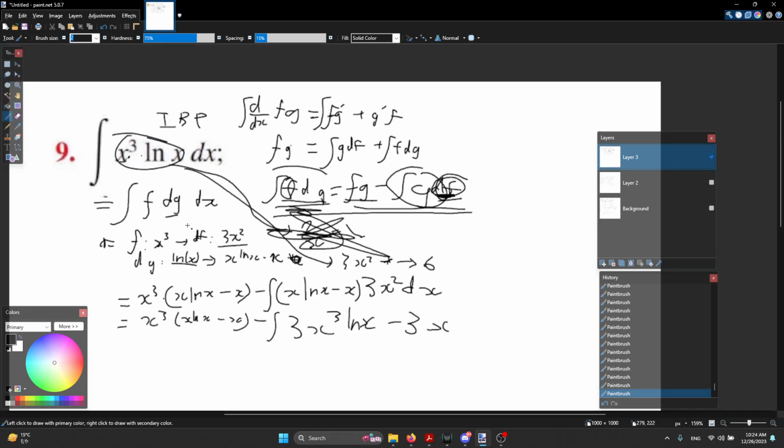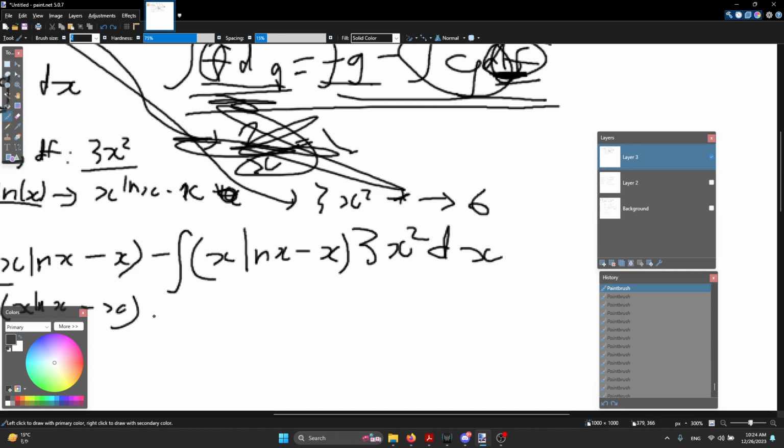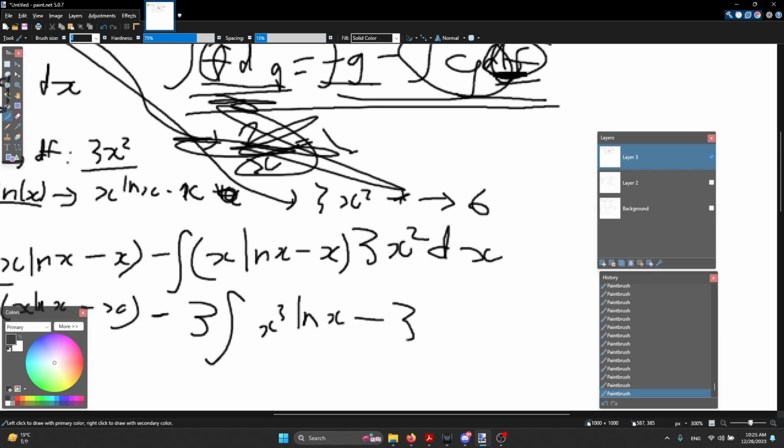Oh no, actually, we should put the constant out first, because why not? And then this is x cubed natural log of x minus 3x cubed dx.